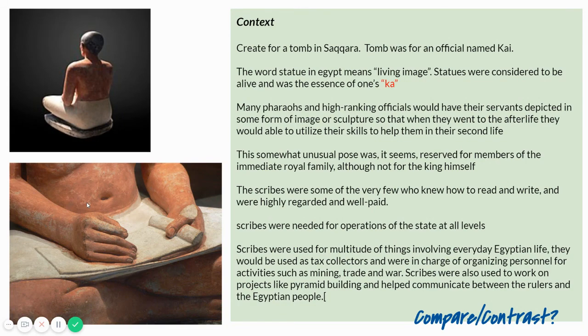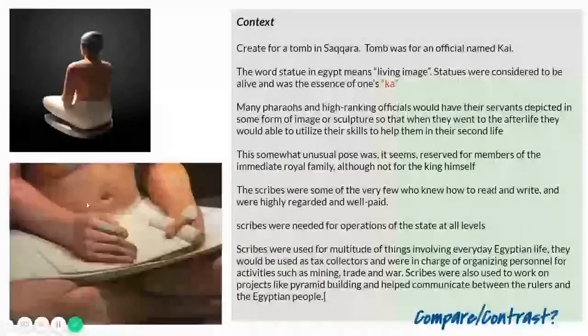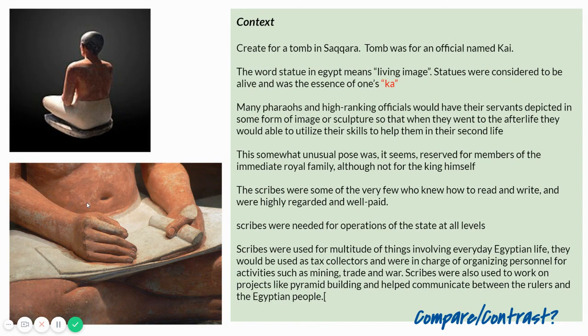Scribes were needed for operations on all levels. They were used for a multitude of things that involved service to the kings and royalty, but also they were used for everyday Egyptian life. They would be the people used as tax collectors. They were in charge of organizing personnel for activities such as mining, trade, and war.